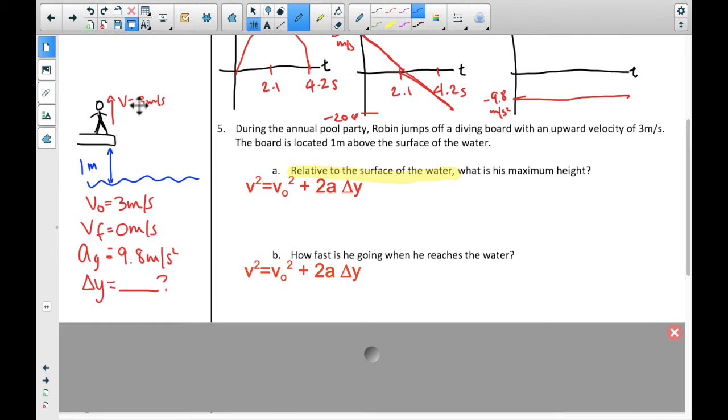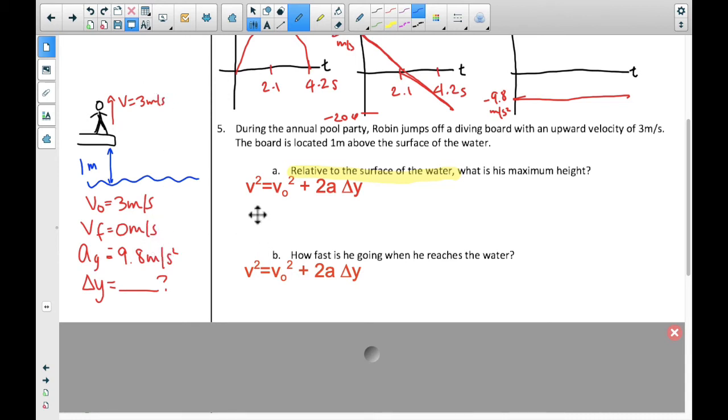So he's going to jump up here, he's going to land, and so forth. Well, once again, we can use the 3 meters per second as the initial velocity, and then when he gets to the top of his arc, or when gravity brings him to a stop, basically, the final velocity is 0.